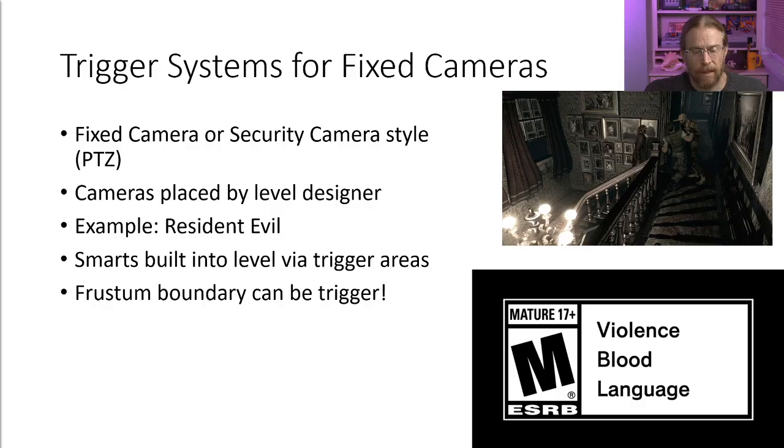But in these cases, there's really nothing in terms of smarts for any individual camera. However, there is some degree of intelligence in selecting the cameras. And this is almost always done through embedding the smarts in the game world. You can do this by placing trigger zones in the world.